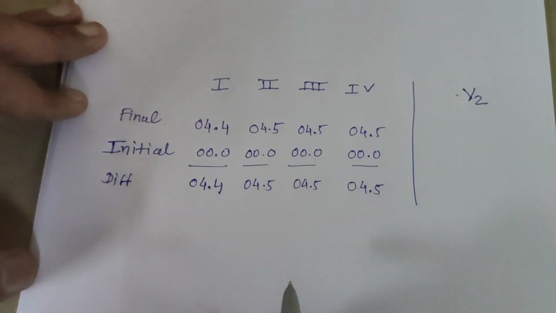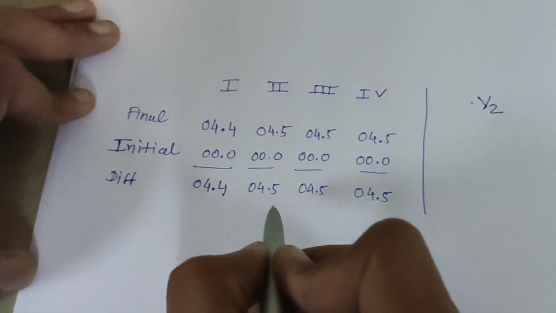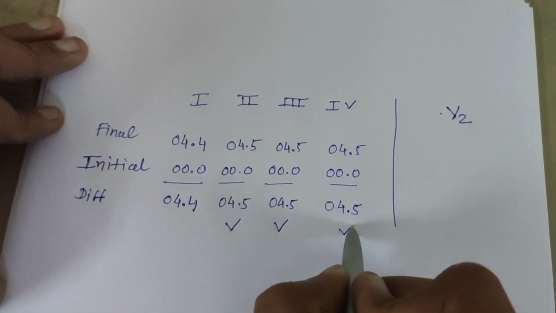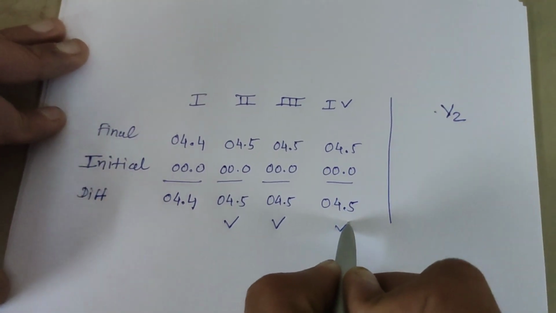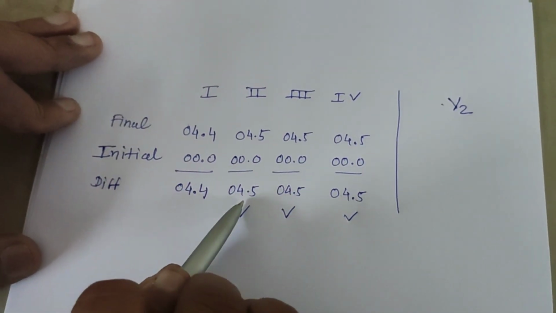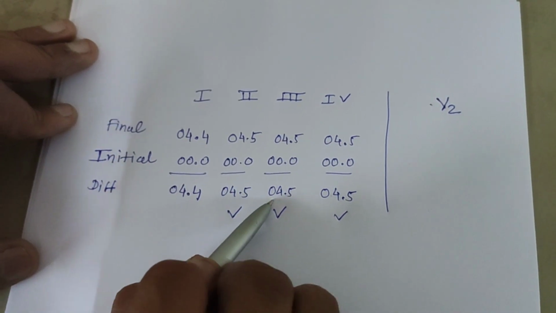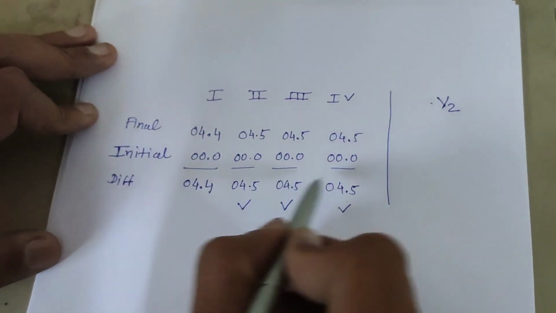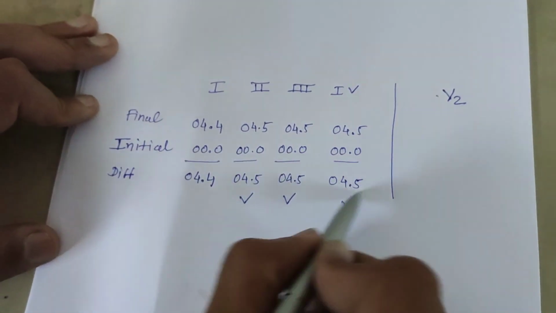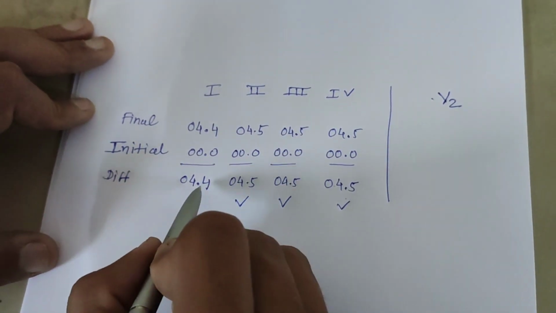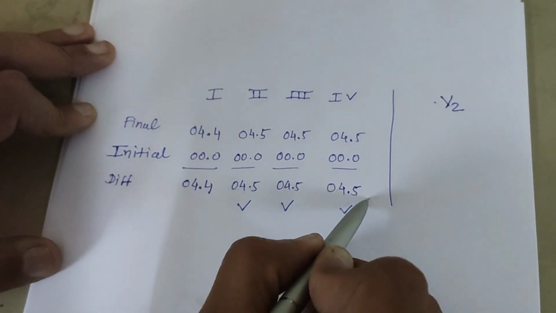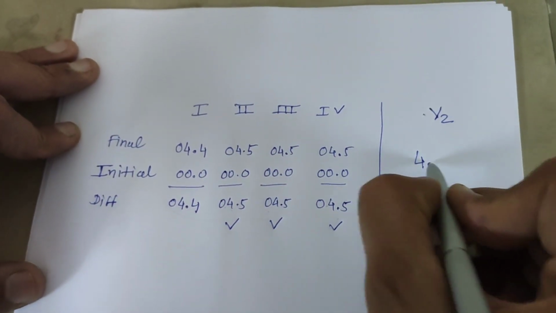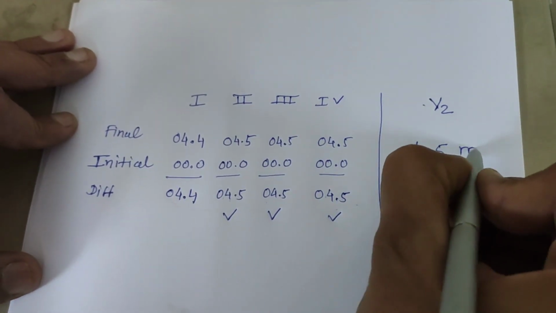Now as you can see, I have completed our practical 3 more times. The same procedure is repeated 3 more times and I have obtained the result as 4.5, 4.5 and 4.5. So we have to calculate the average of these 4 results, and for that add these 4 and divide it by 4. You can see that your final result will be 4.5 ml.